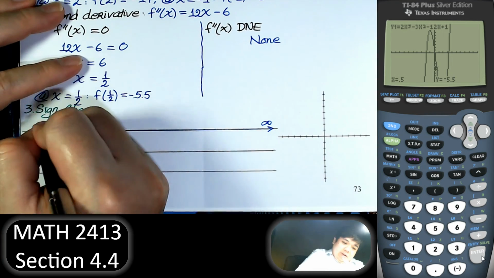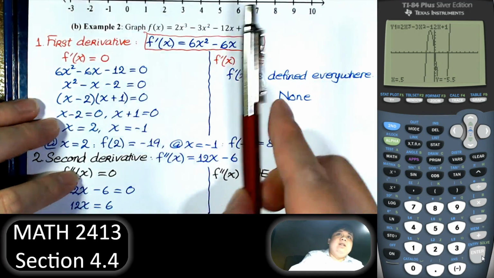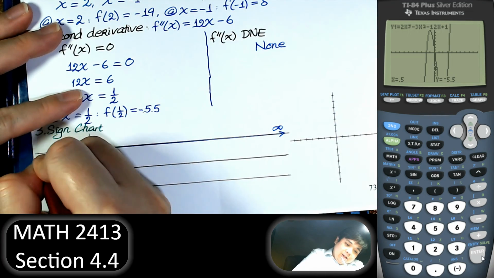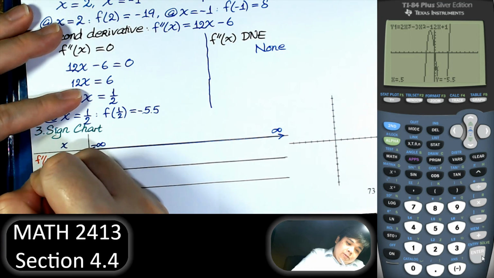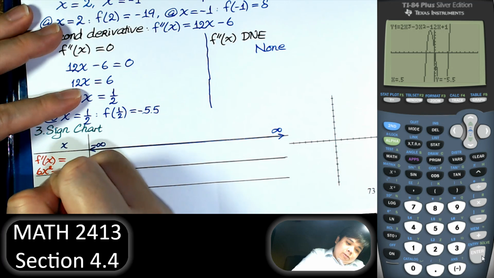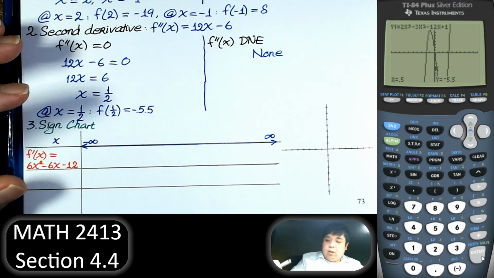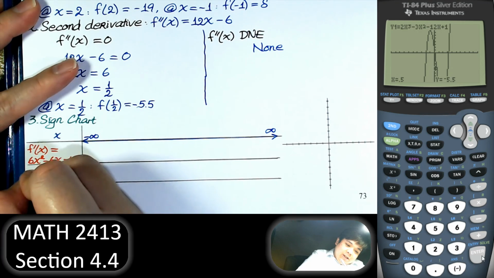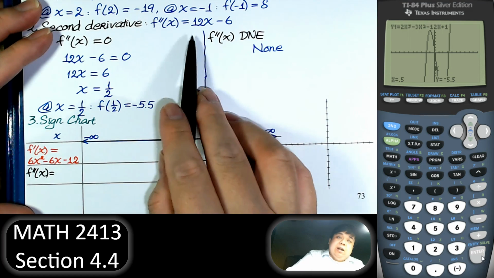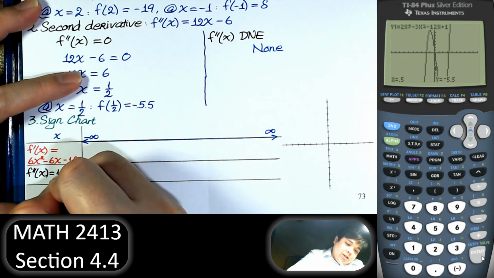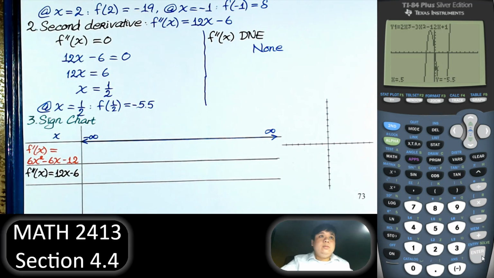Right. Now we have x. The first derivative is that, and the second derivative is 12x minus 6.